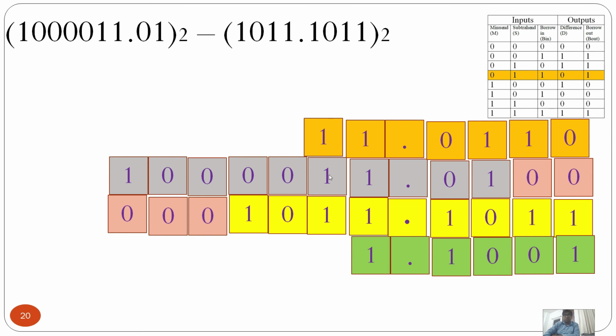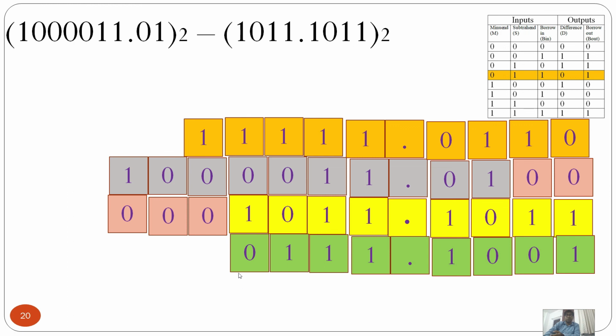Again it is 0, 1, 1, 0. 0 minus 1, the difference is 1 with borrow 1. This is 0 minus 1, so the difference is 1 with borrow 1. 0 minus 1, the difference is 1 with borrow 1, and this difference minus borrow will be 0 with borrow 1.